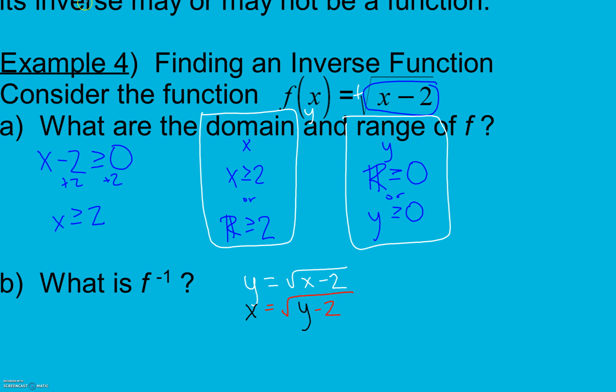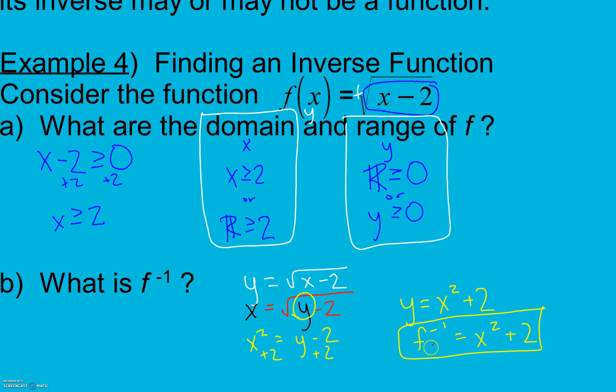Now we need to solve for y again. So to get rid of a square root, we're going to square both sides. And to get rid of subtraction, we add 2. So I have y equals x squared plus 2. Or I can write my inverse equals x squared plus 2.